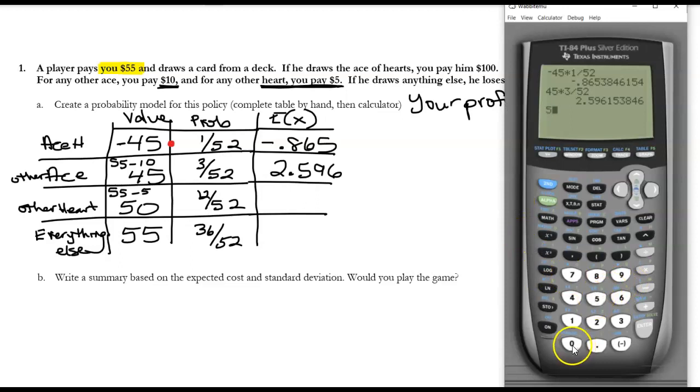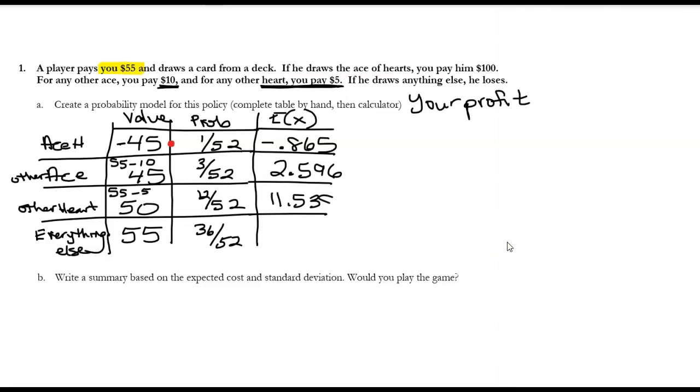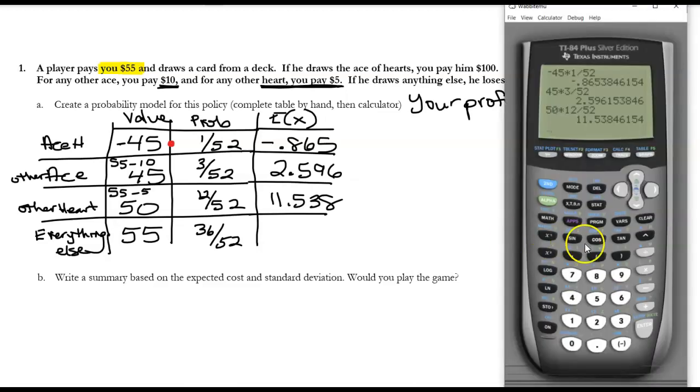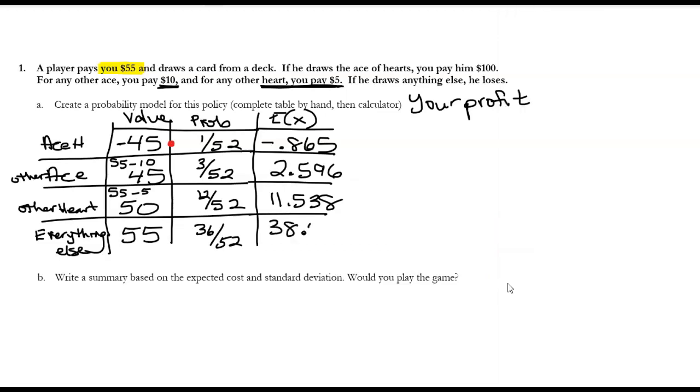You keep doing that. 50 times 12 divided by 52 is 11.538. And then the last one, 55 times 36 divided by 52, and that one is 38.077. What I did right here is show my work on how I found all my expecteds.